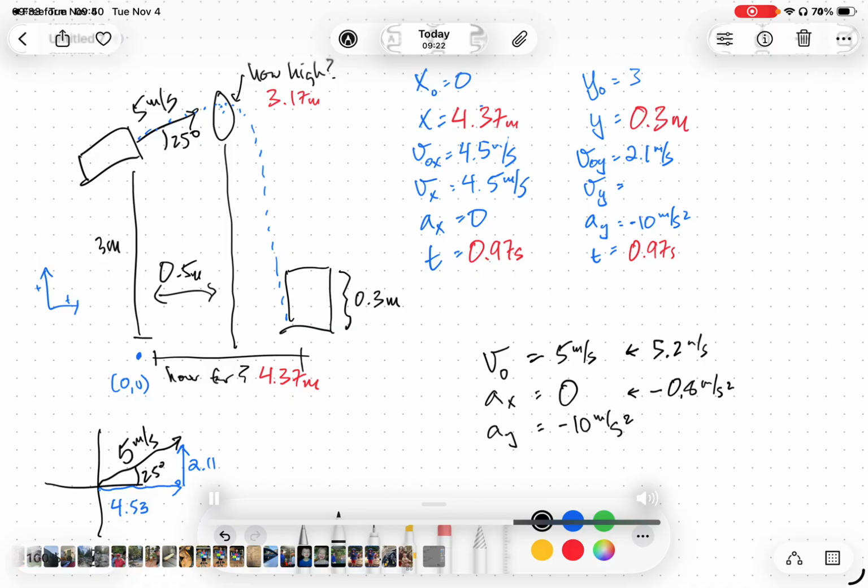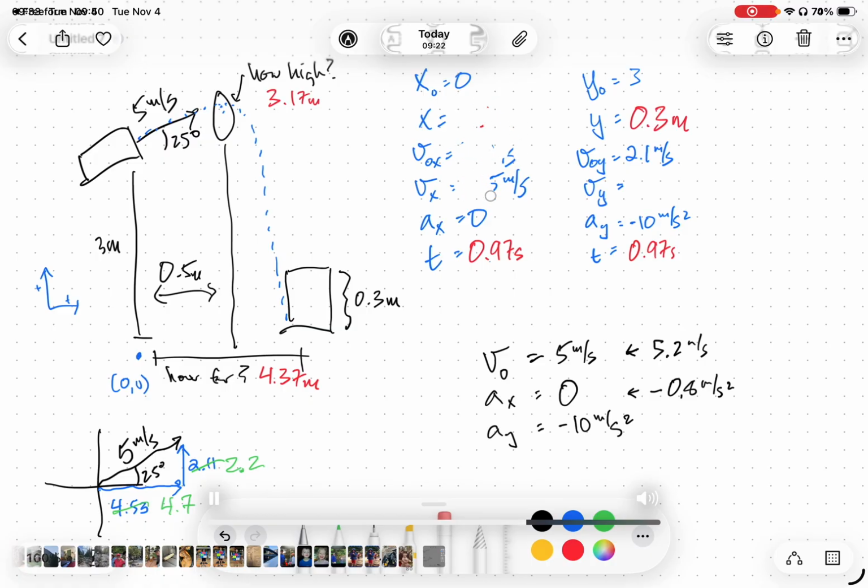So I'm just pulling two numbers out of thin air: 5.2 meters per second and negative 0.8 meters per second squared. Those will be my new values for the initial speed and the horizontal acceleration. We still don't know if those are right, but I think those are going to more closely match the actual path of the projectile. So we'll see how that turns out.